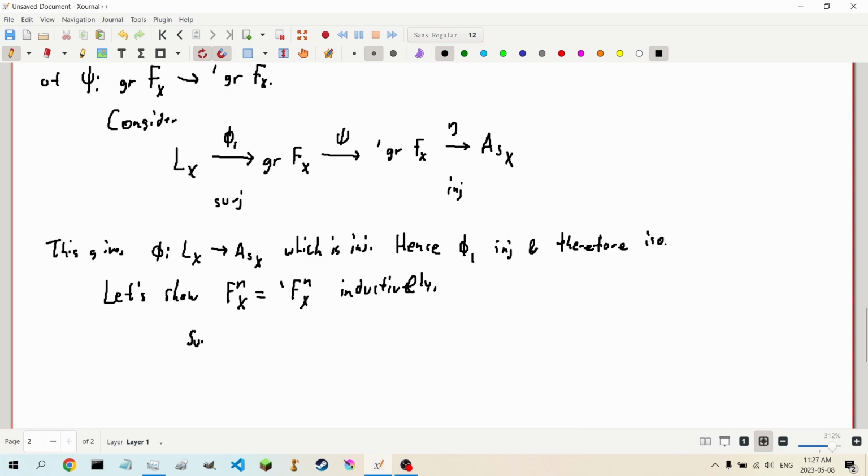Suppose we have this for n minus 1. Then we have that F_n(X) is in F_n'(X), which is in F_{n-1}'(X), which is, by the induction hypothesis, just F_{n-1}(X).